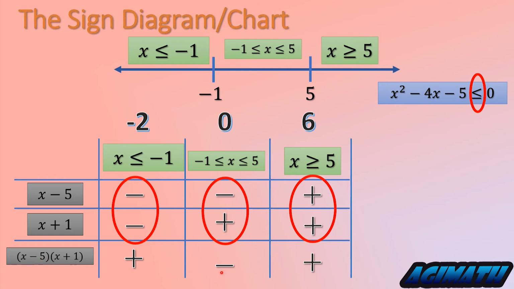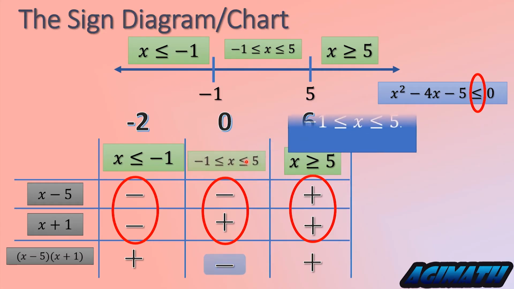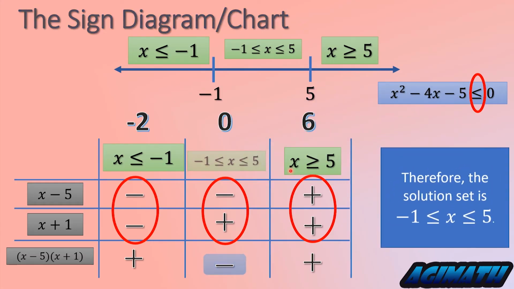And if you go back to the product of the two factors, there is only one column giving you a negative sign, and that is this column, meaning this interval is our solution set. Therefore, the solution set is x is greater than or equal to negative 1 but less than or equal to positive 5.